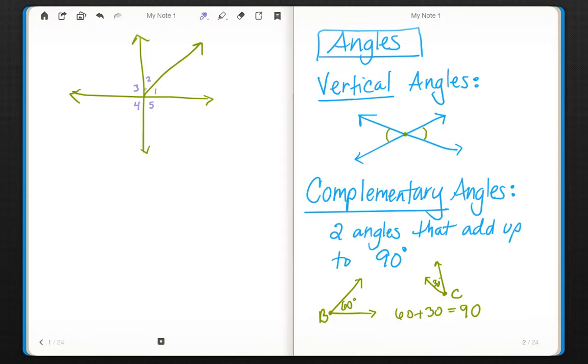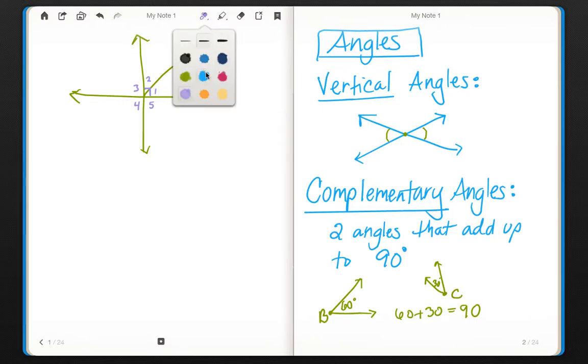And if I put this little notation here, that little box tells us that this is a right angle. And so what kind of lines are they? Remember, they're perpendicular lines. So angle 3 is a right angle, angle 4 is a right angle, angle 5 is a right angle. But if you notice, angles 1 and 2 add up to make a right angle. And right angles we know are 90 degrees. So angle 1 and angle 2 are complementary angles.